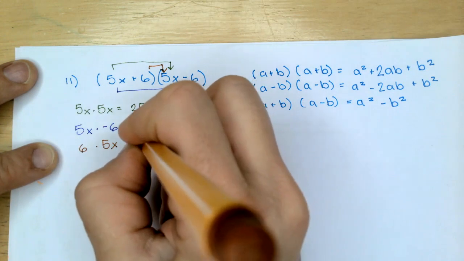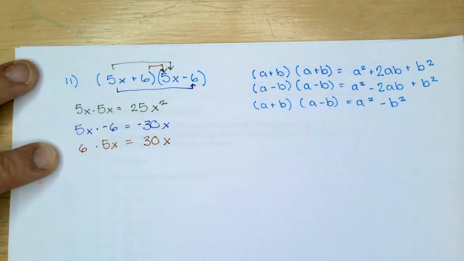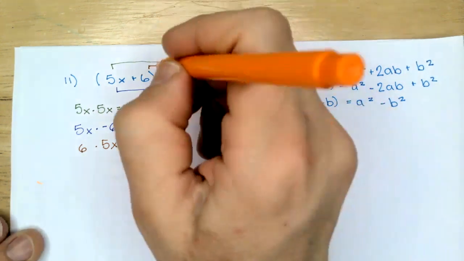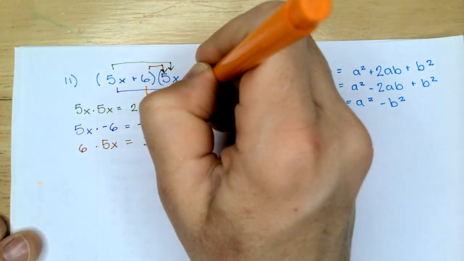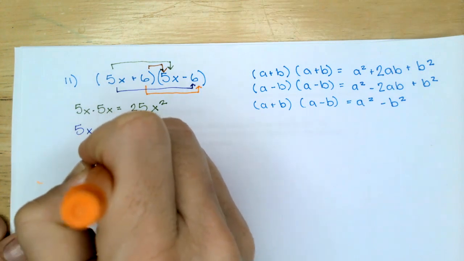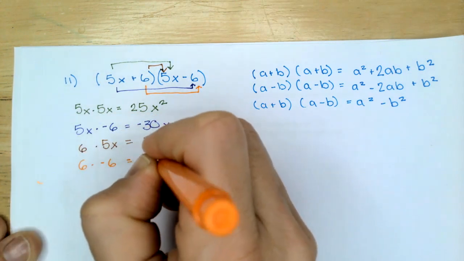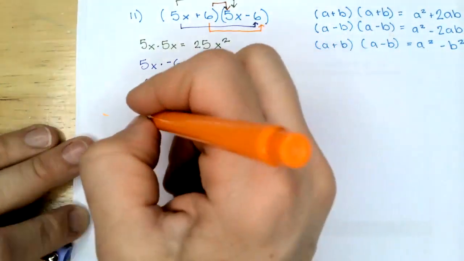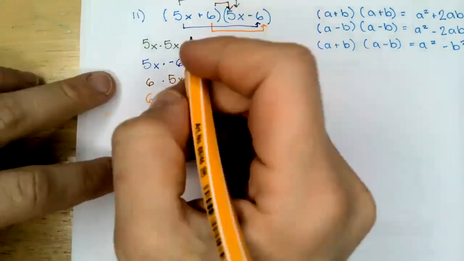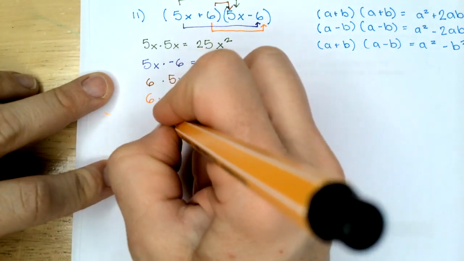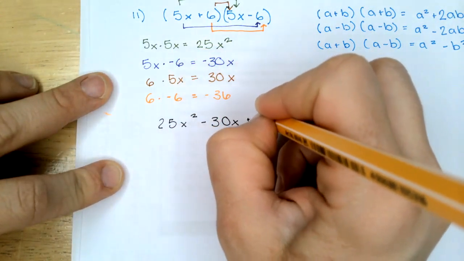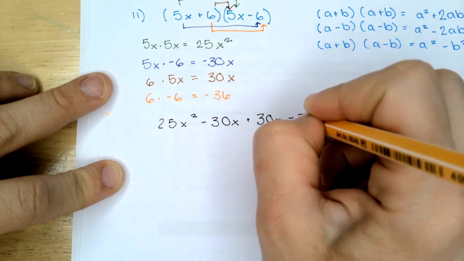Again, 6 times 5 is still 30 with the x. And then you have 6 times a negative 6. 6 times 6 is 36, but a positive times a negative is a negative. So what you'll end up with is 25x squared minus 30x plus 30x minus 36.